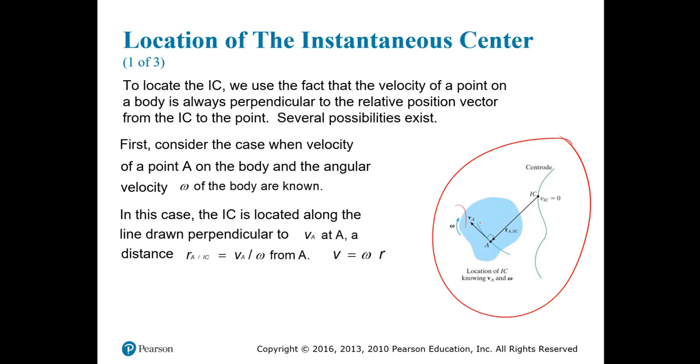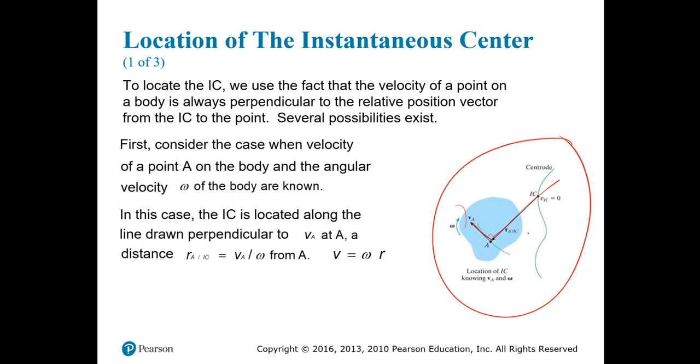So the theory tells you that your IC, or your position vector, will be perfectly perpendicular to VA. So you will just draw a line that is perfectly perpendicular to this somewhere that you don't know. And that position vector is rA/IC, or the distance from the point A to your instantaneous center.